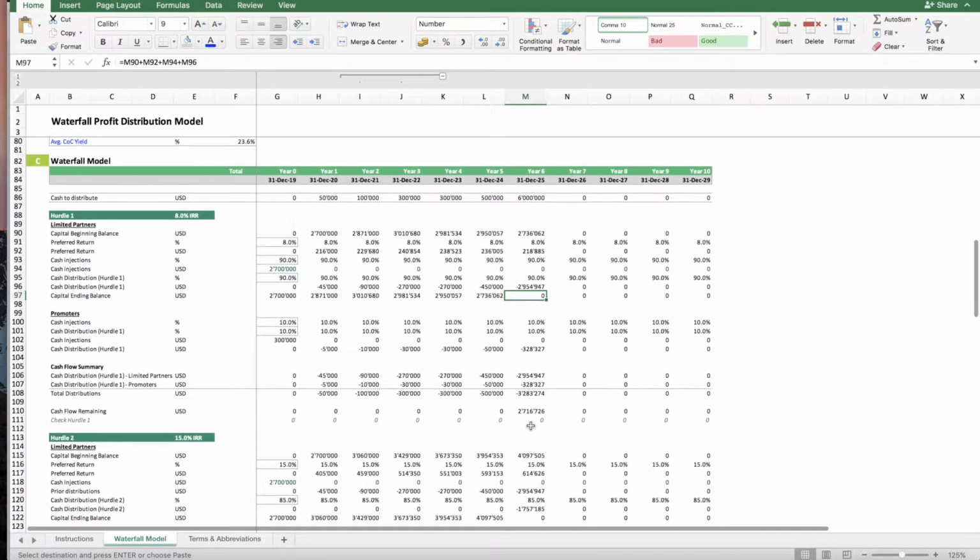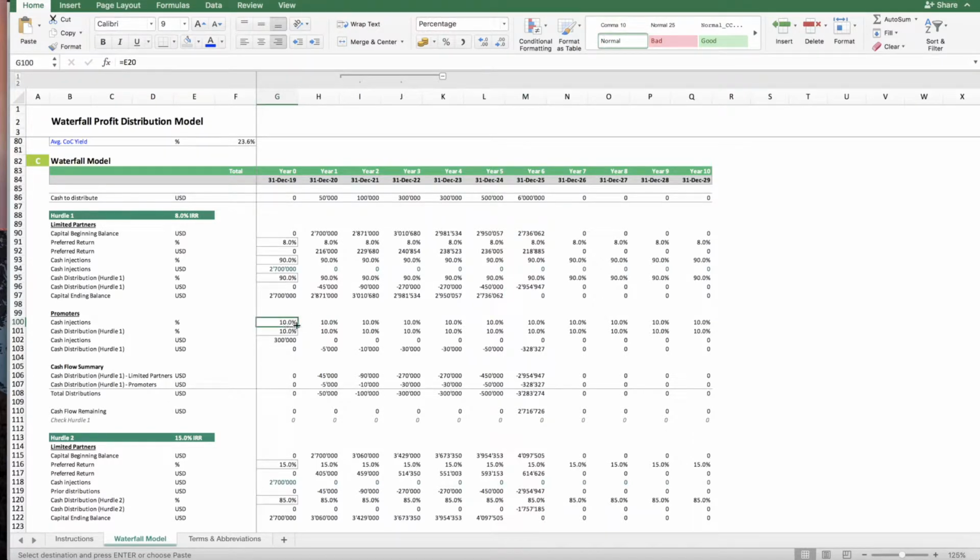This also means that in the first 5 years, the promoter just gets the 10% of this deal as per the investment agreement, and there is no cash flow left to go into achieving a better hurdle than the first.